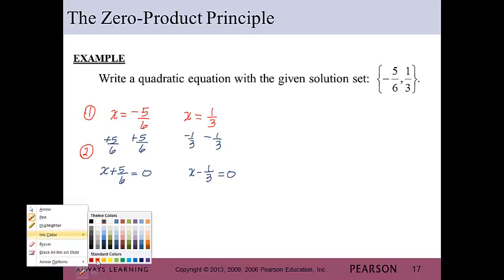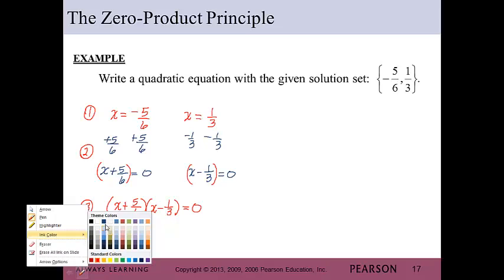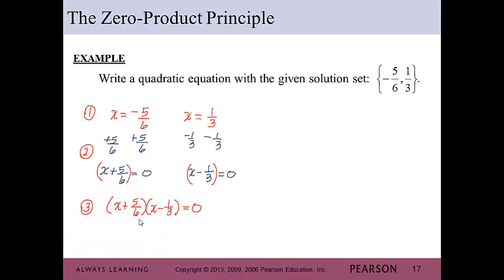And then step 3 is to use the zero product principle in reverse. So if x plus 5 over 6 equals 0, and x minus a third equals 0, then the product, x plus 5 over 6 times x minus a third, also equals 0. And then the last step is to multiply this out by FOILing. So x times x is x squared.